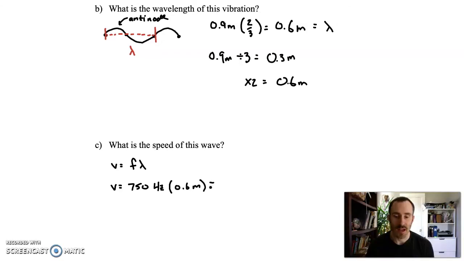And when you put that together, you get 450 meters per second, which is crazy fast, but try to imagine how fast a wave would move from one end of a guitar string to the other. You can't even see how quickly it's vibrating back and forth, and so it really is that fast.